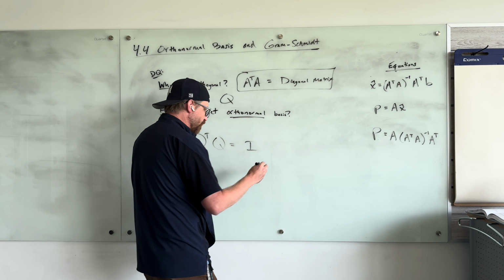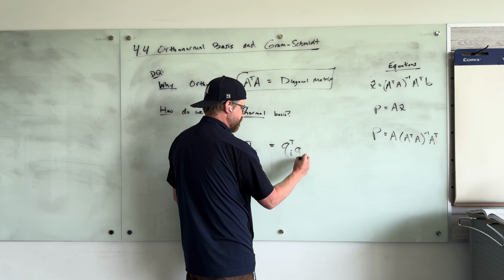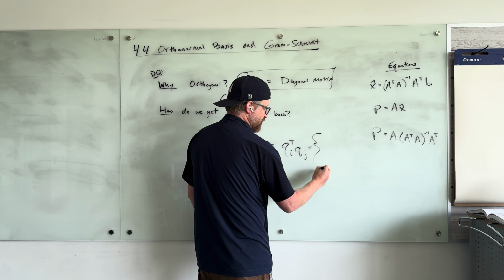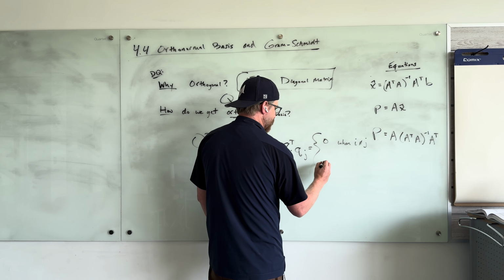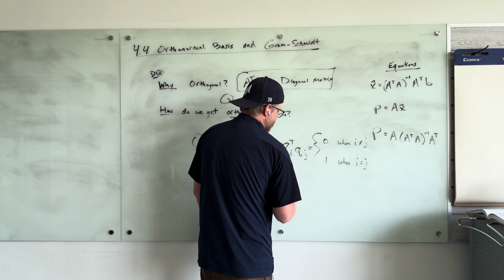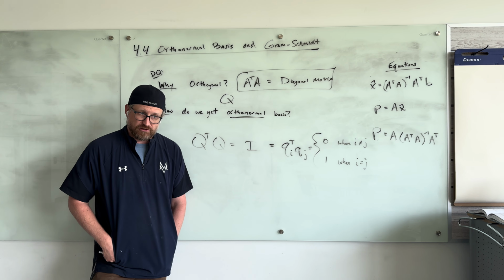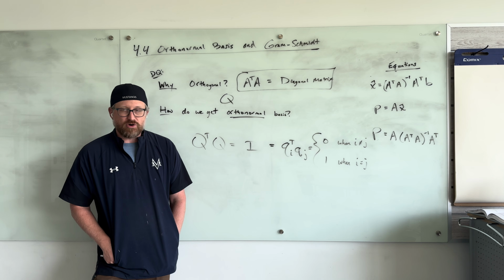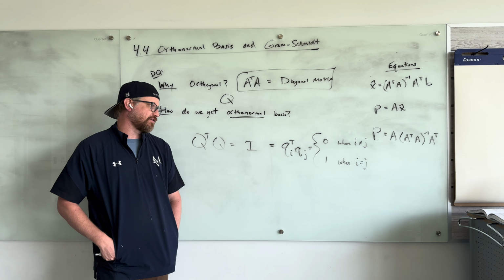The definition stems from Qi transpose Qj, which comes out to be 0 when i is not equal to j, and 1 when i is equal to j. Because when I take the dot product of the same column vector, it should be equal to 1 if that vector has a length of 1. That's where that dot product format comes from.